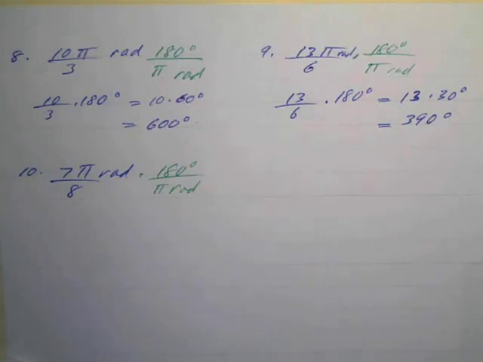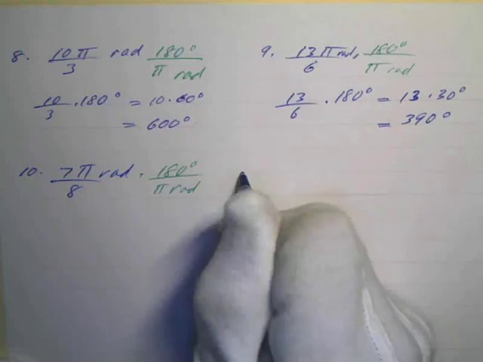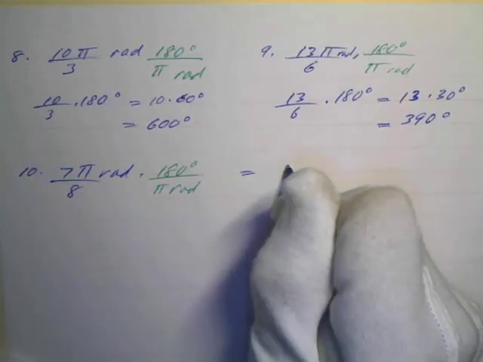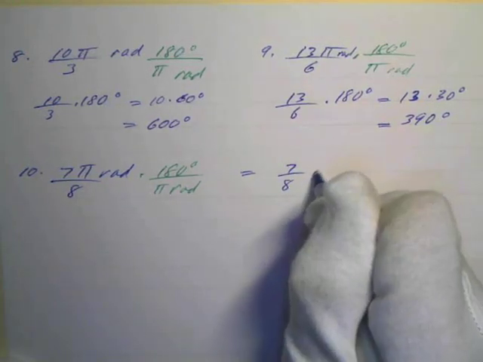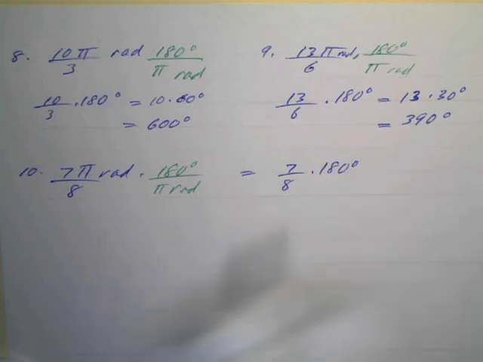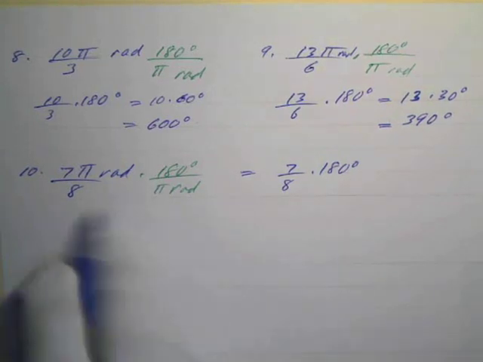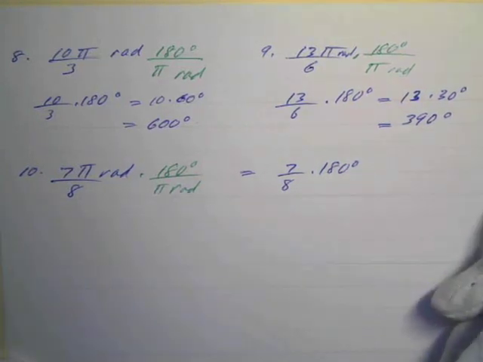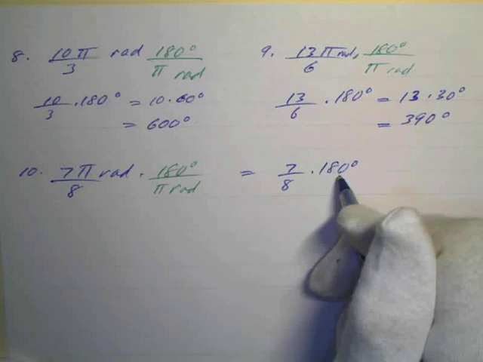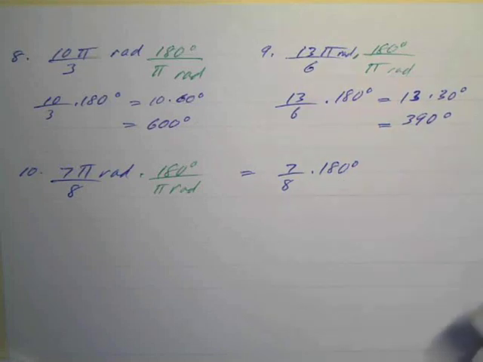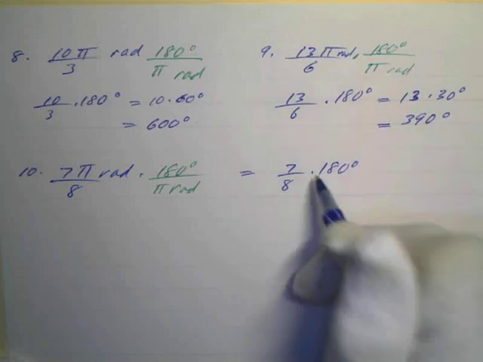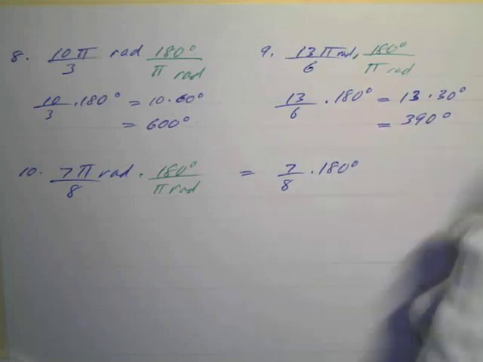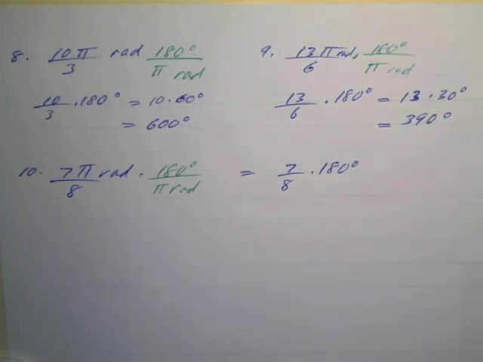I'm going to do this horizontally, so that's going to equal 7 over 8 times 180 degrees. Those cancel. And I guess I can reduce this. I don't think 8 goes in there exactly, so I'll do 4.